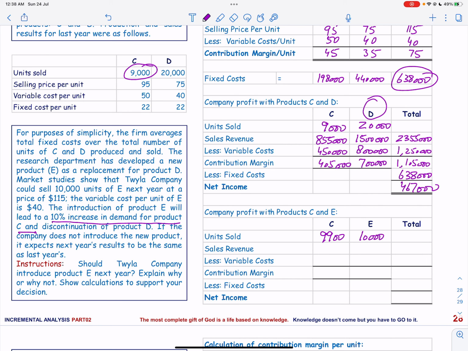The sales revenue now will be 9,900 times 95, that is 940,500, and the variable cost will be 50 times 9,900, that is 495,000, and this will give us 445,500.